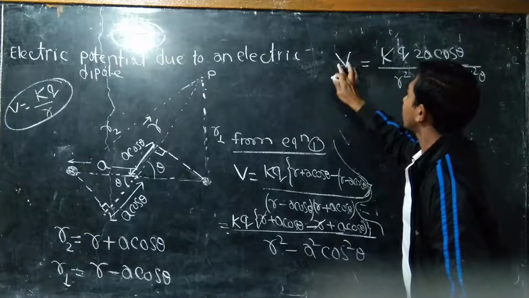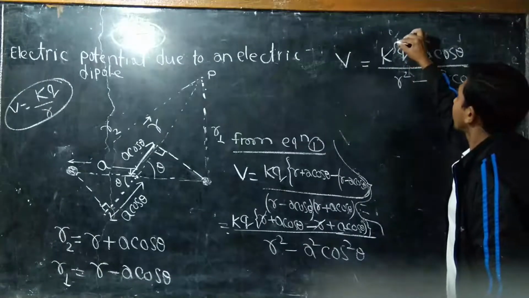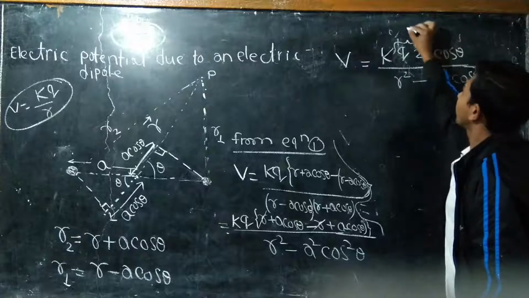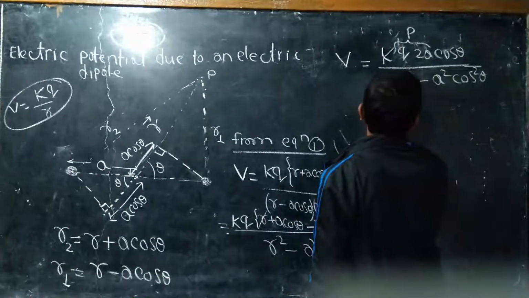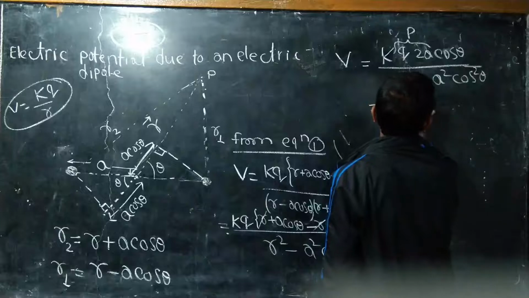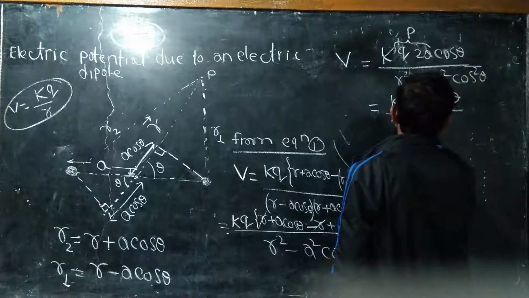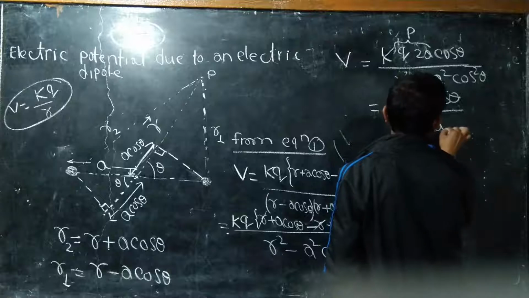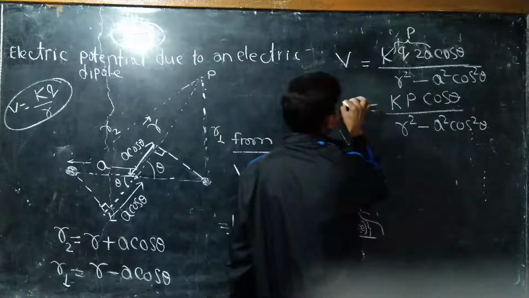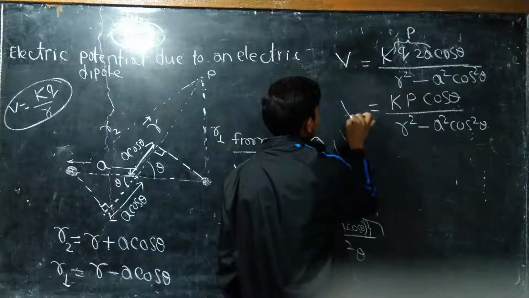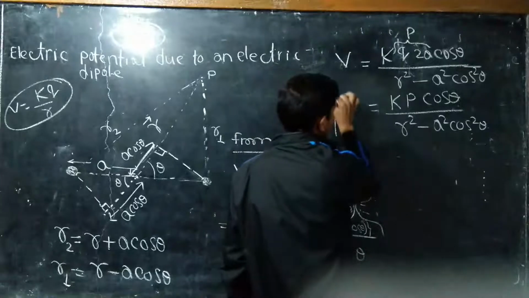Now this quantity, Q times 2A, is known to you, this is your P. So further we can write V is equal to K P cos theta by R square minus A square cos square theta. Okay, so the final formula for V is coming this much.